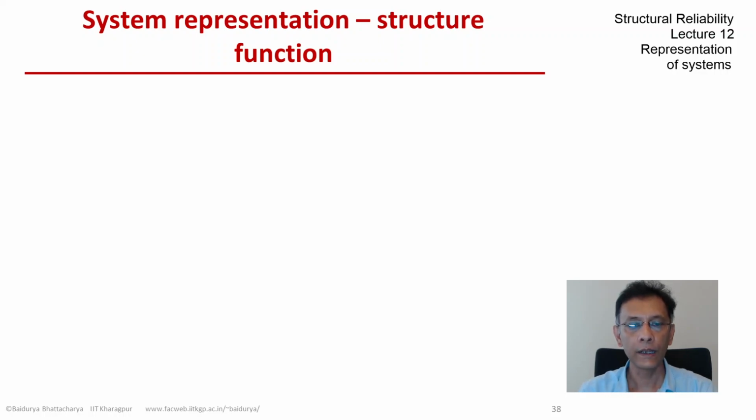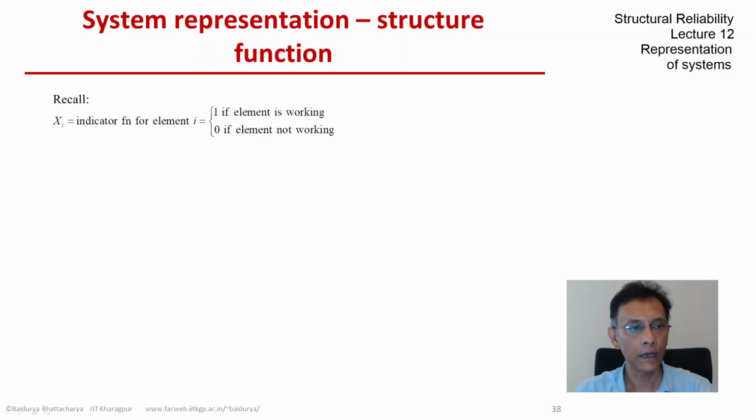We next look at system representation through the structure function. Recall what we just discussed, that the indicator function for the ith element is a binary random variable, 1 if the element is working and 0 otherwise.